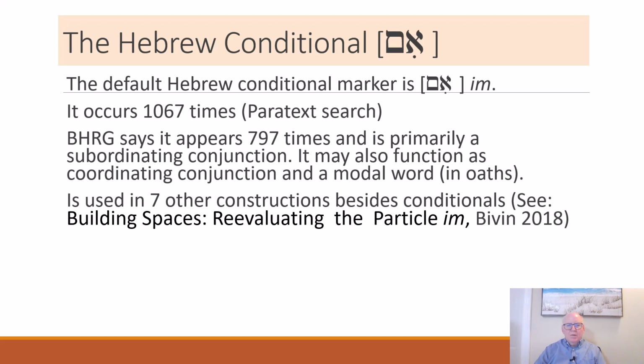So if those numbers are even close, im is frequently not used as a conditional. Bill Bivens, in his article, Building Spaces, Reevaluating the Particle im, states that im is used in 7 other constructions besides conditionals. You can see that article for more details.